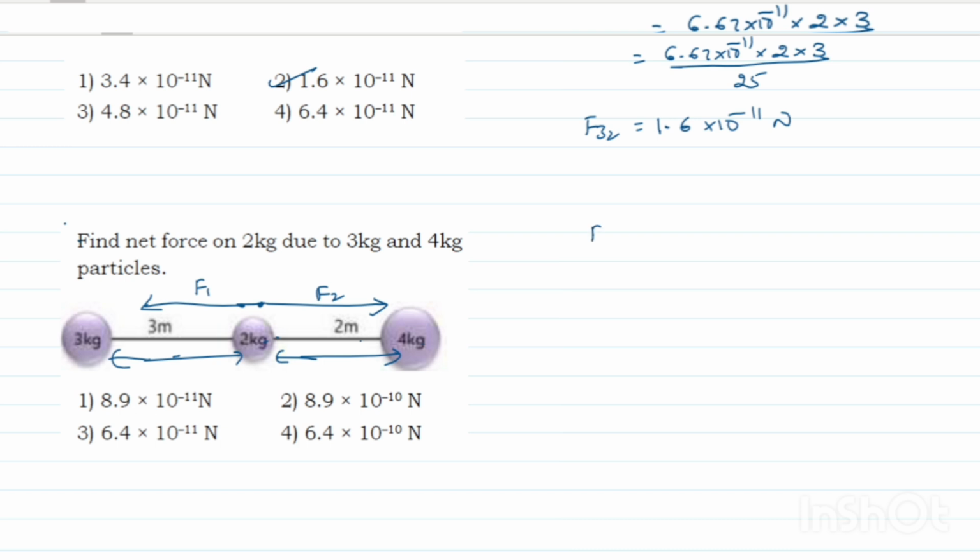So the net force is F2 minus F1. F2 is G into 2 kg into 4 kg by the distance of separation 2 square, minus F1, which is G into 2 into 3 by 3 square.